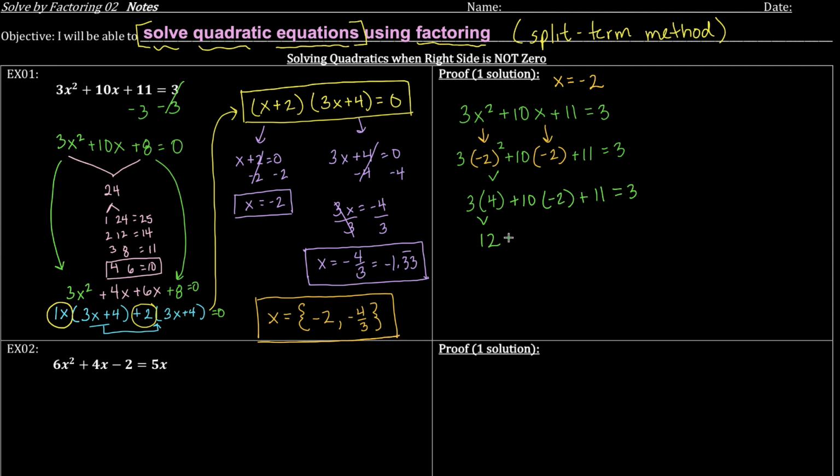Positive 10 times negative 2 is negative 20. 12 minus 20 is negative 8. And negative 8 plus 11 equals 3. Negative 8 plus 11 is 3.